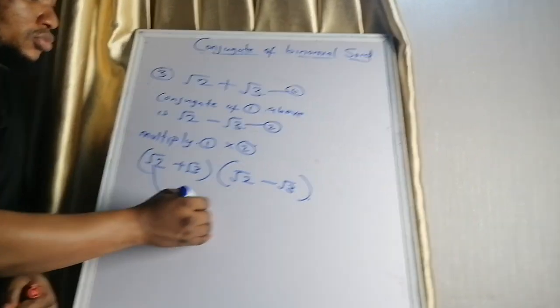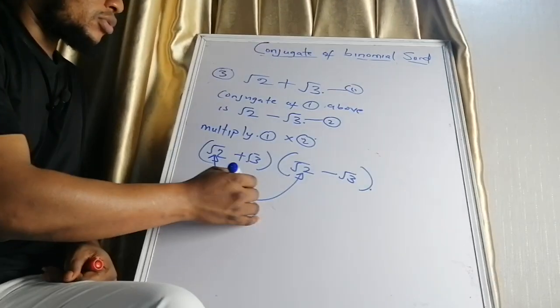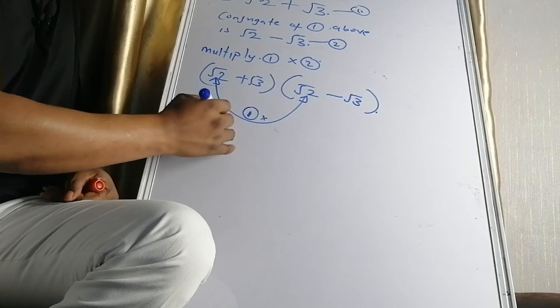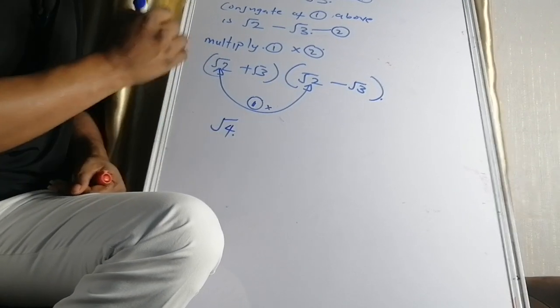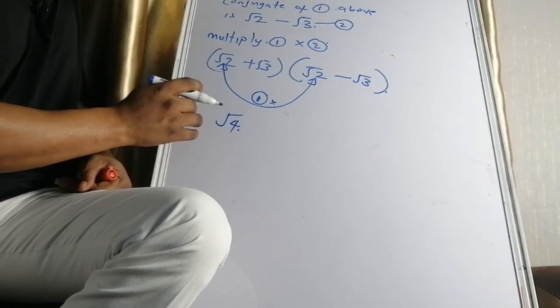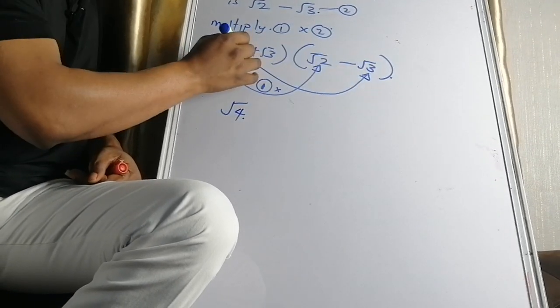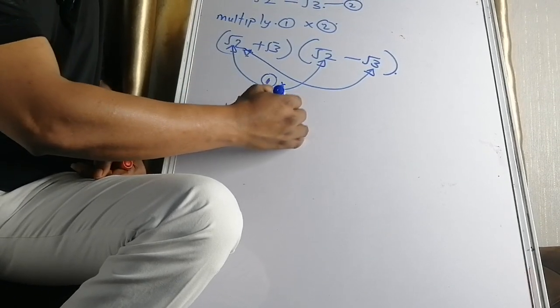So what do you now do? You now do this. Step 1, multiply. That's times. So root 2 times root 2. Pick one root. 2 times 2 is what? 4. Now, step 2, multiply this with this. So both of them are inside. That is what? Minus root 6.